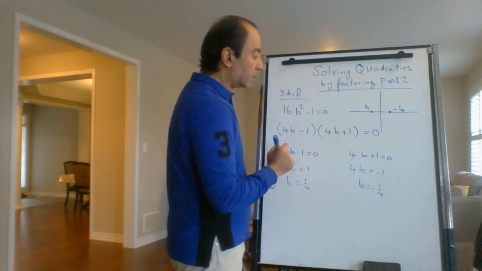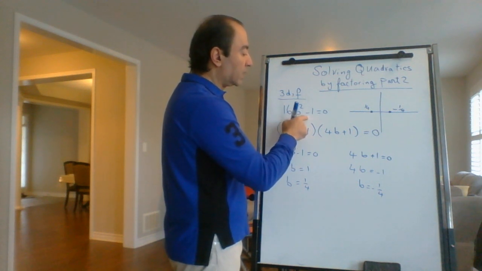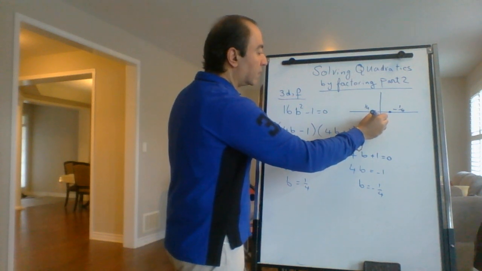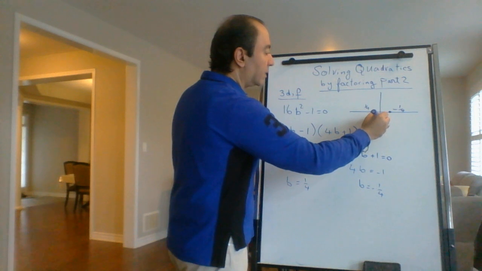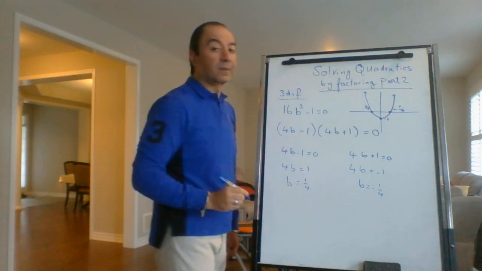It will be 0. Then we substitute 0 in here, so we get, for b, 16 times 0 squared is 0 minus 1, so we're going to have negative 1 here. And then we connect those points and we sketch our curve.